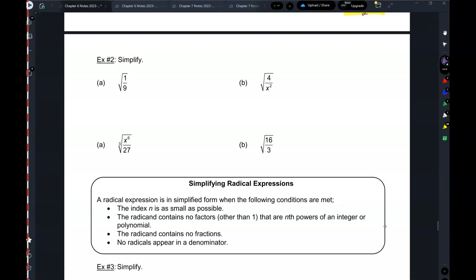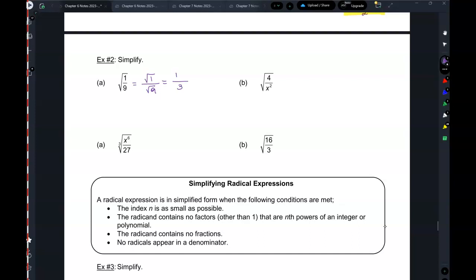Okay, let's do this one. Guys, if you have something like this, a fraction inside, you split it up. So we split this up, root 1 over root 9. But what is this? 1 over 3, right? I'm done. Split it up.